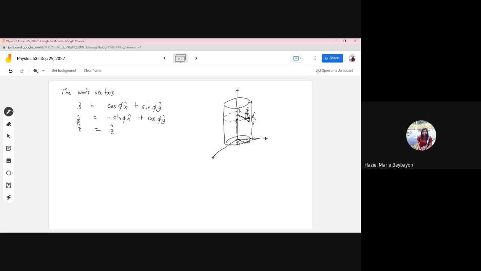Now for the infinitesimal displacement, it is important that we know it in terms of the cylindrical coordinates.